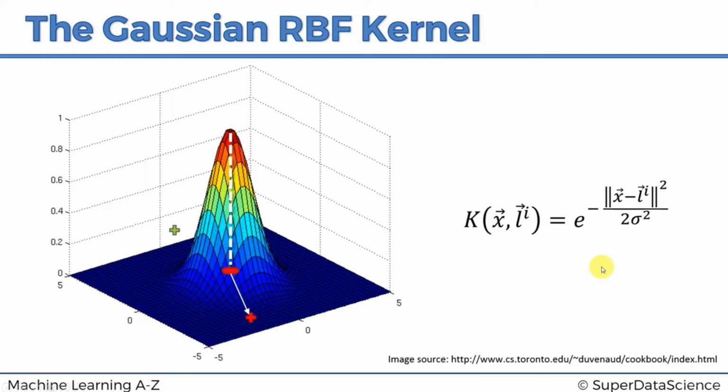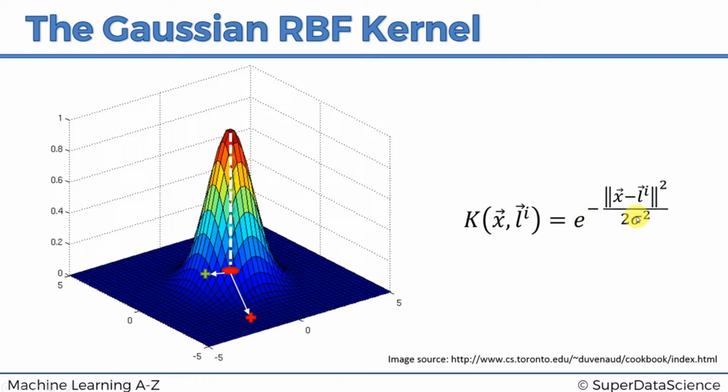Now let's have a look at another example. This point is actually closer to the landmark, and if we measure the distance, it's quite small. If you take a small number and square it, you still have a small number. You divide by 2 sigma squared, and you still have a small number. So you look at e to the power of minus a small number, say e to the power of minus 1, or e to the power of minus 0.1.